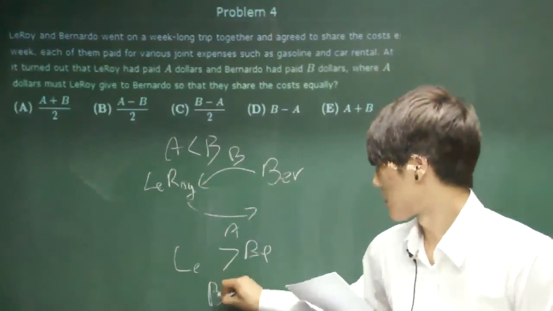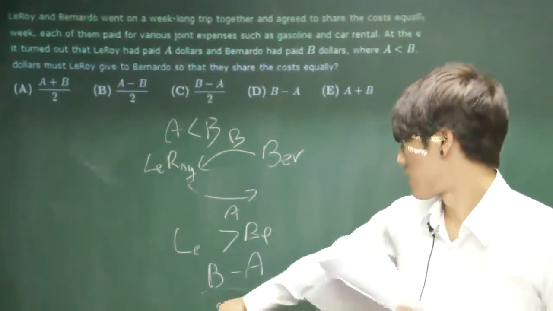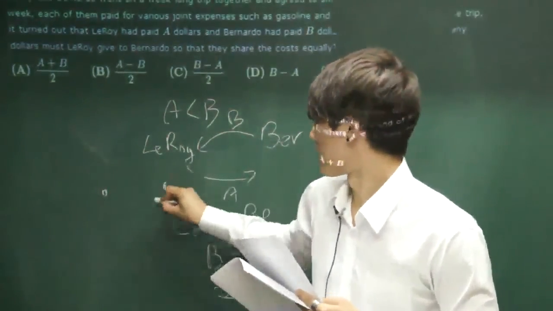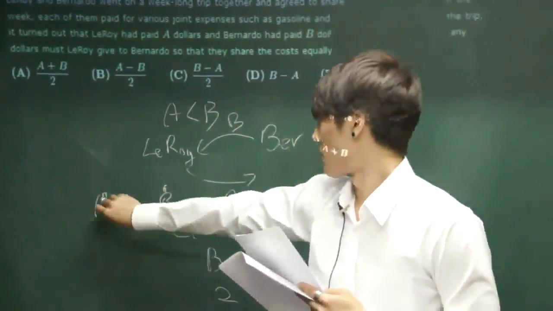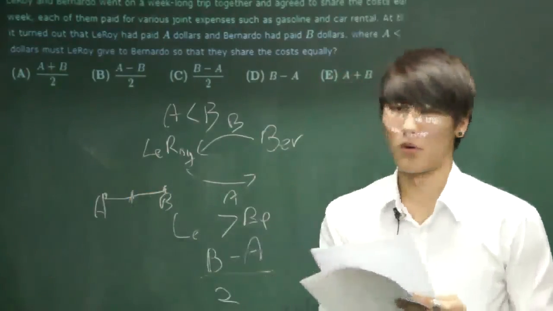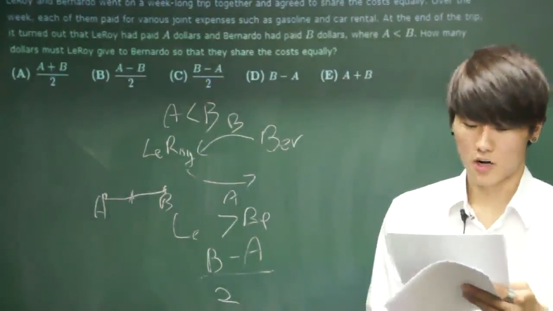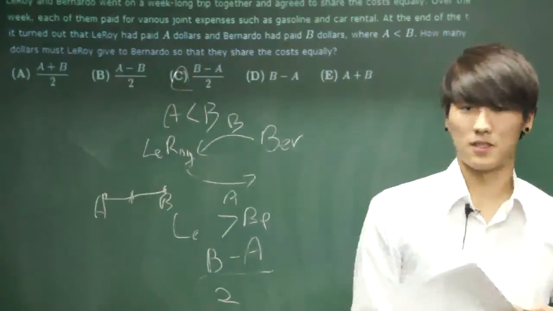That means the bigger part, B minus A, that's the difference, has to be divided by 2, because if it was like a distance, if this is B and this is A is further, the distance between these two, B minus A, divided by 2 would be the midpoint of it. And by doing this, they would actually share the costs equally. This is same as choice C.